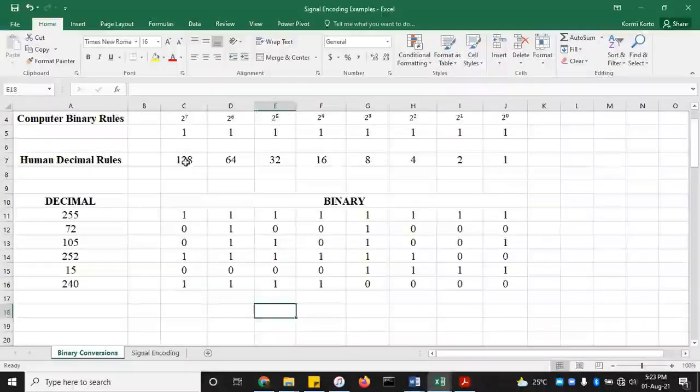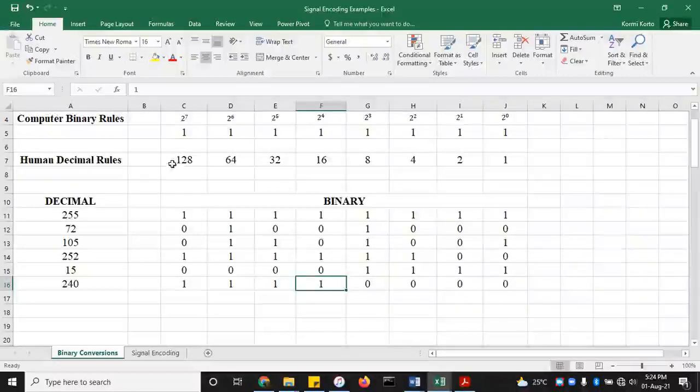So let's do the math. 128 plus 64 is 192. 192 plus 32 is 224. 224 plus 16 is 240.